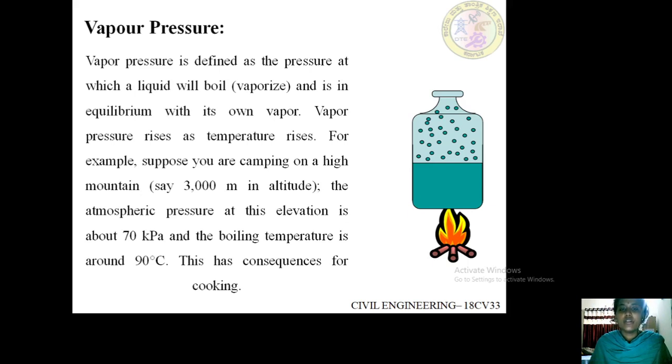For example, if you boil water in a closed container as shown in the figure, all the vapors are collected on the empty surface above the liquid surface. The pressure exerted by these vapors is called vapor pressure. This technique we can see in pressure cookers.